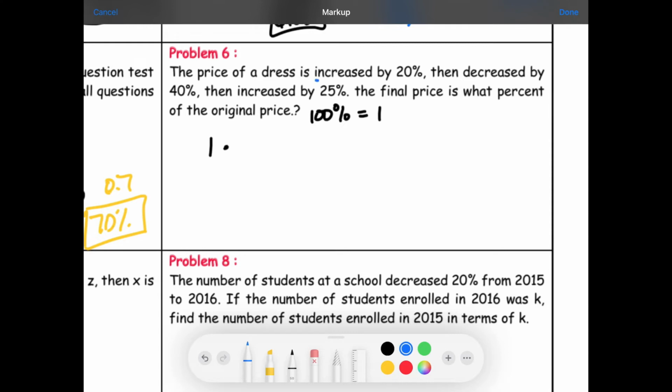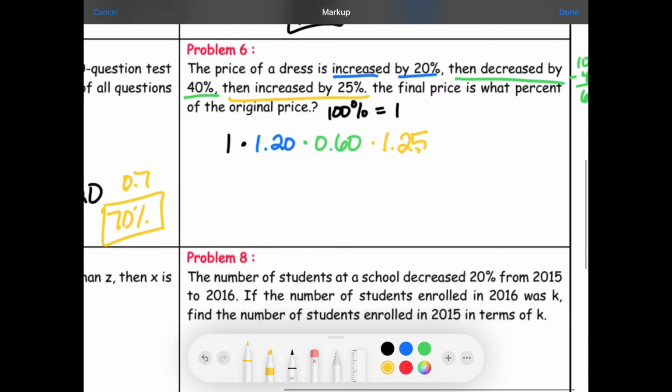Okay, increased 20%. So we'll take our 100%, we'll multiply it by 120%, and we'll be at 120%, 1.2. Then it decreased by 40%. This is kind of what I was doing earlier. So if you did 100 minus 40%, that's 60%, so times 0.6. Then it's increased by 25%. So if you add that to 100%, that'd be 1.25, 125%.